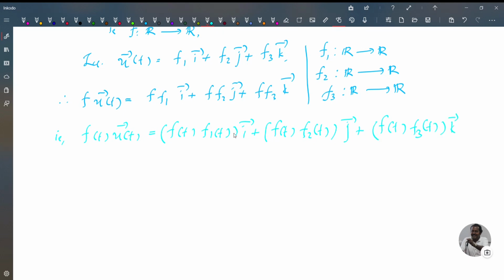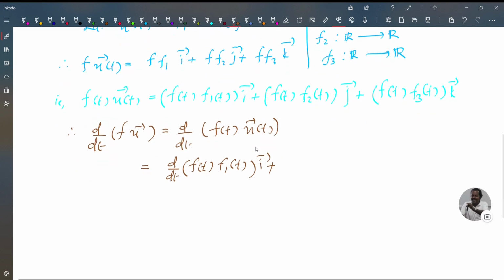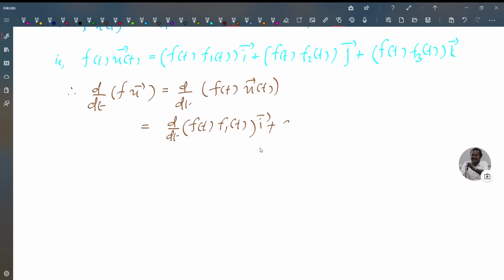Therefore, d by dt of fu, this is equal to d by dt of f of t into u of t, this is equal to d by dt of f of t into f1 of t i plus d by dt of f of t into f2 of t j plus d by dt of f of t into f3 of t k.